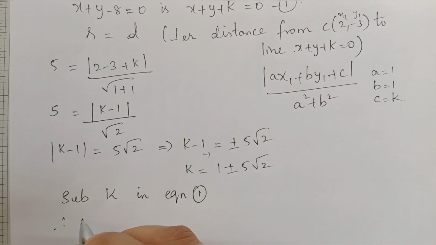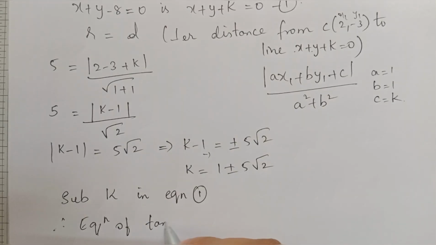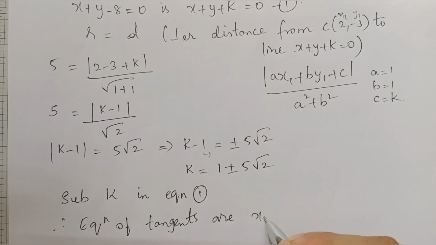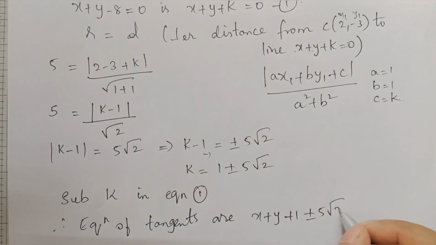Therefore, the equations of the tangents are x plus y plus 1 plus or minus 5 root 2 equals 0.